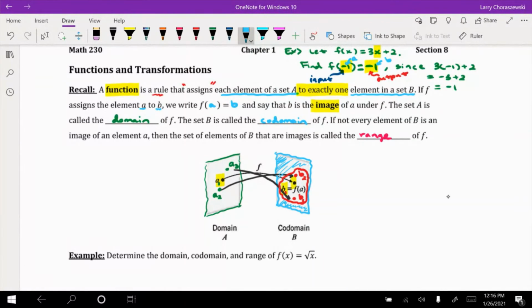So let's say that all the images are just a little subset of the codomain. This subset, in which we have all the images of the function, is what we refer to as the range. And the codomain is the largest possible set that can contain such a range. Okay, so maybe let's make a note of that.